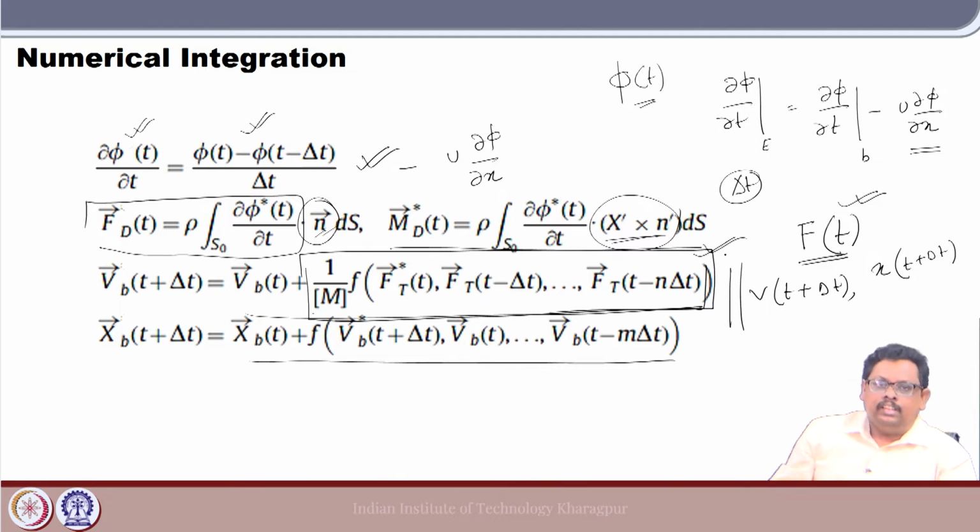This is nothing but solving m x double dot equals f, and from there I figure out v at t plus delta t, which is f by m into delta t.